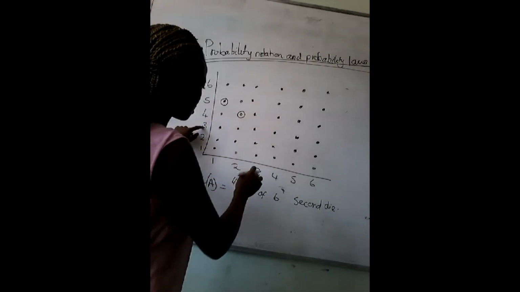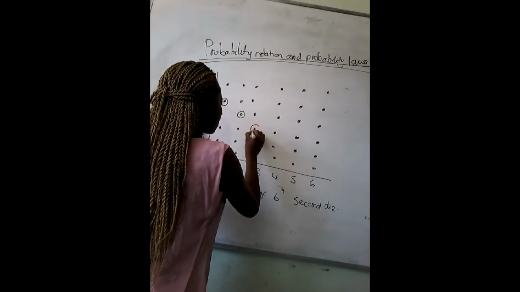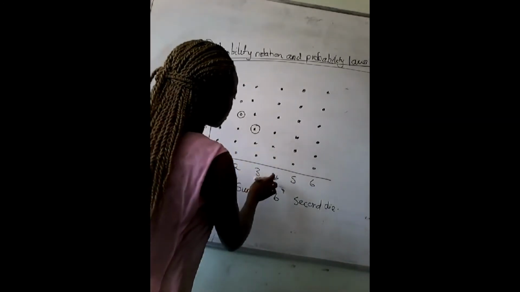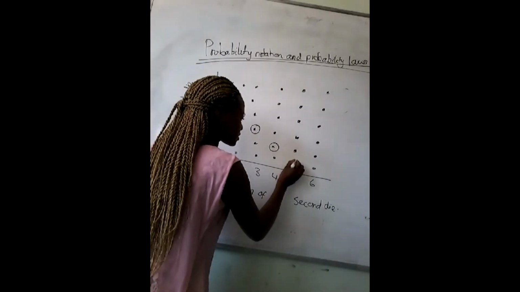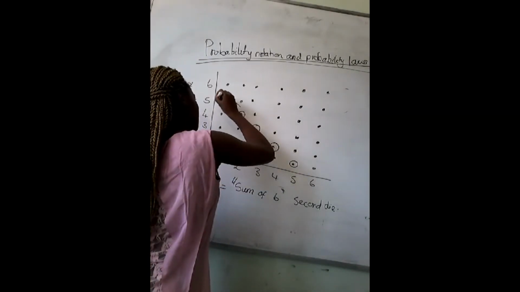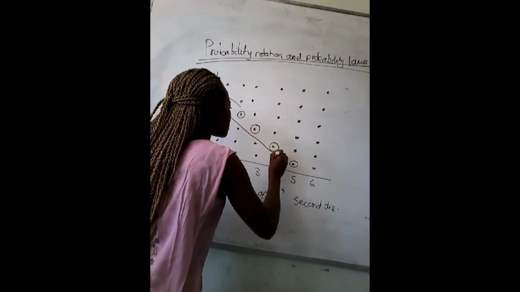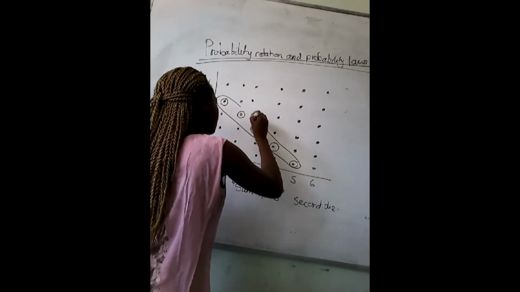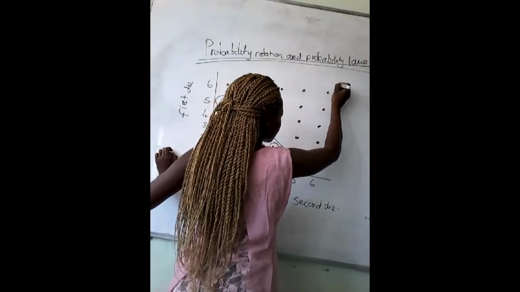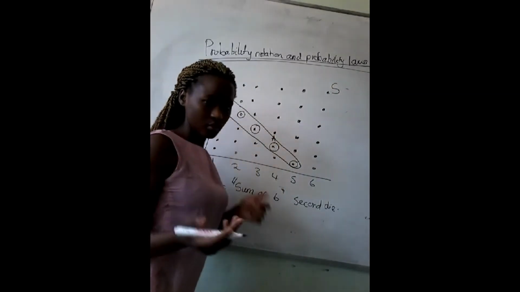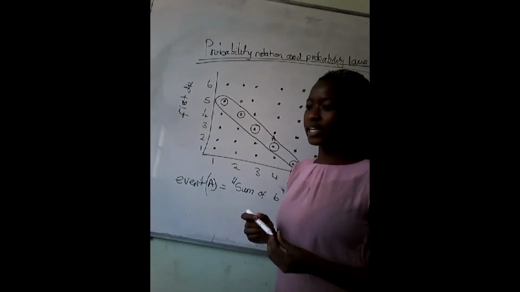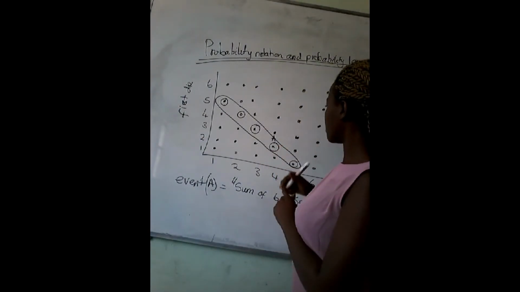If we take 3 and 3, this will also give us 6. 2 and 4, another 6, 1 and 5, another 6. So it's like this, and this is event A. This is S, this is A. Okay, guys, do you get it? This is our A in this.